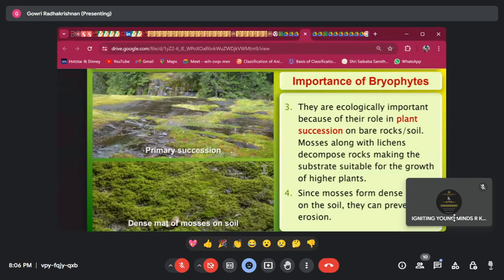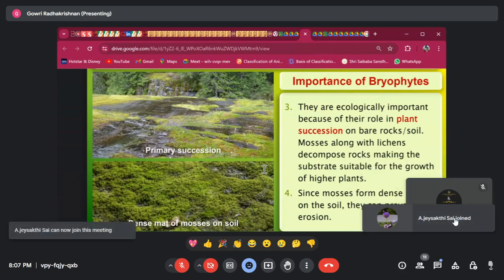On bare rocks, you should read about volcanoes and eruptions when you have time. When a volcano erupts, the entire region, all the vegetation, is completely eradicated.